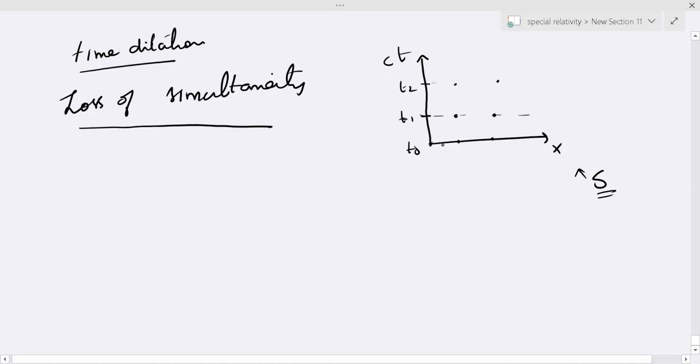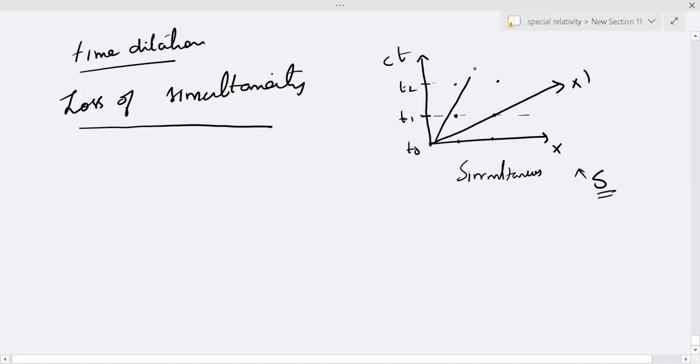This line corresponds to time equal to 0. This is just the x-axis. If events fall on a line parallel to the x-axis, we say they are simultaneous. But from the viewpoint of S prime, his x prime axis goes like that.